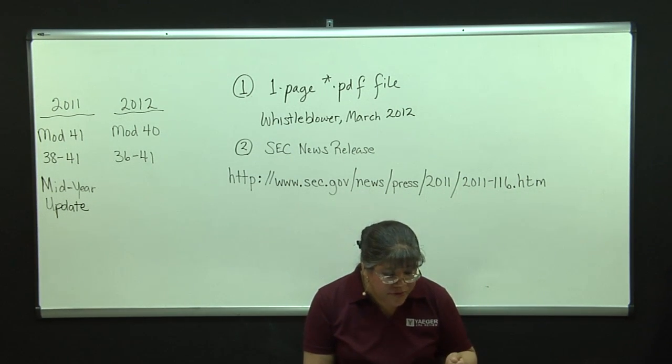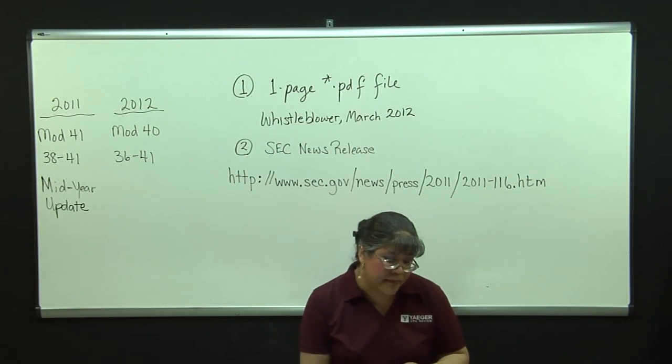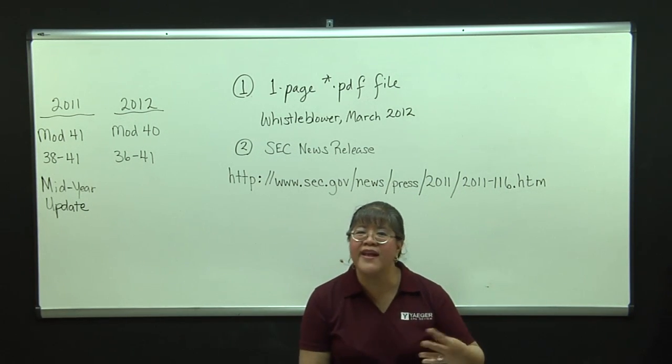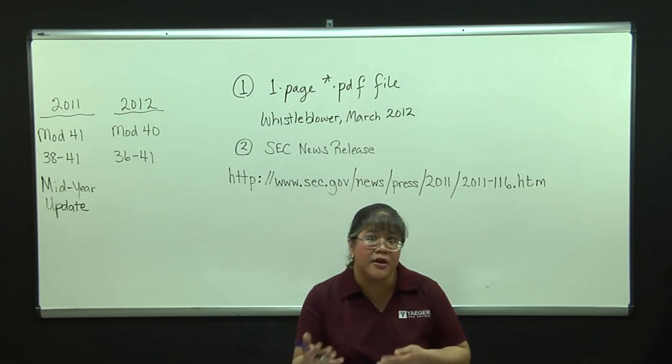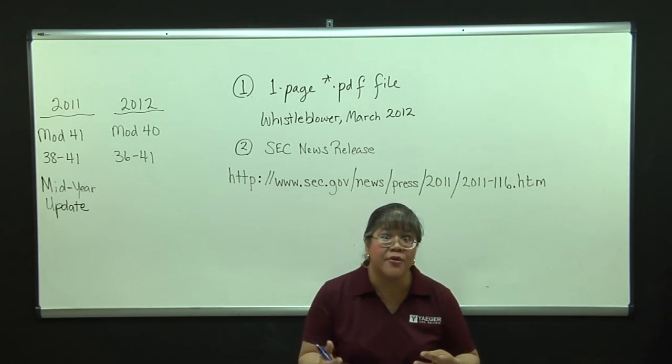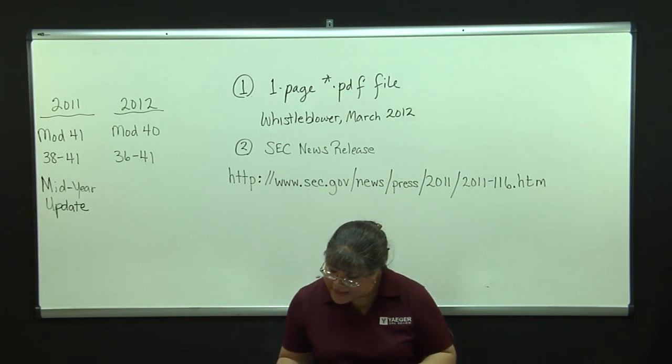And also, the rules do provide that a whistleblower's voluntary participation in an entity's internal compliance and reporting system is a factor that could increase the amount of an award, and that the whistleblower's interference with the internal compliance reporting is a factor that could decrease the amount of the award. So that's why it gives a little bit more additional detail. So your behavior could actually increase your award, and your behavior, if you impede them, could actually decrease the award, okay?